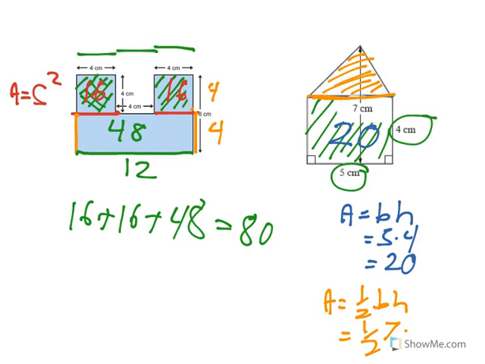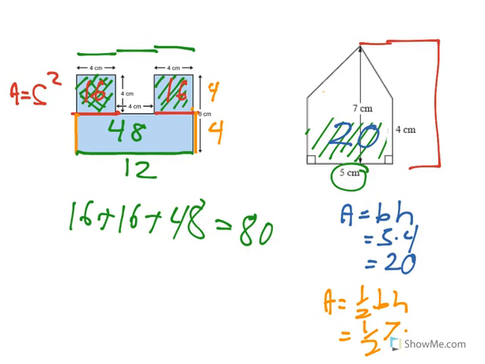I'm going to erase everything we have here. We know that the 7 is the height of the entire shape from the top to the bottom. Right here we have 4. Therefore, if this is 4, what do we have left over? 3. 3 plus 4 is 7. So the height of this triangle is 3.